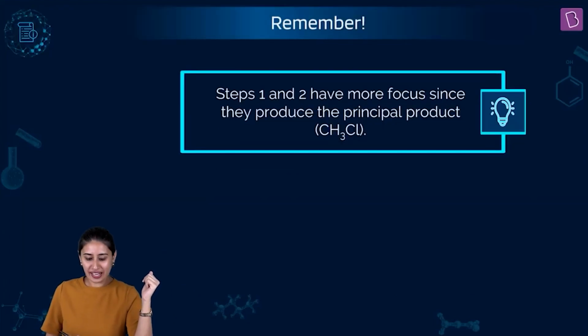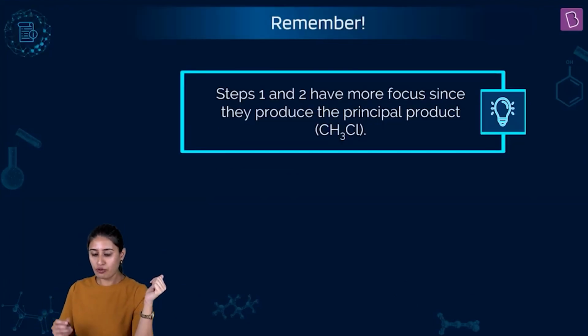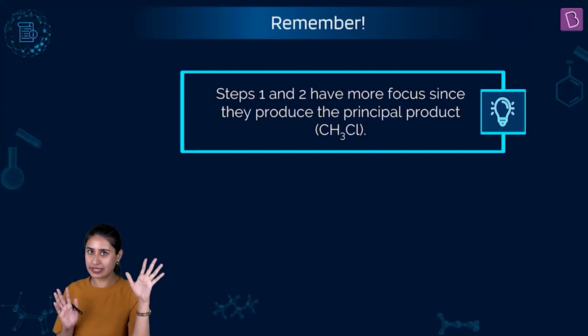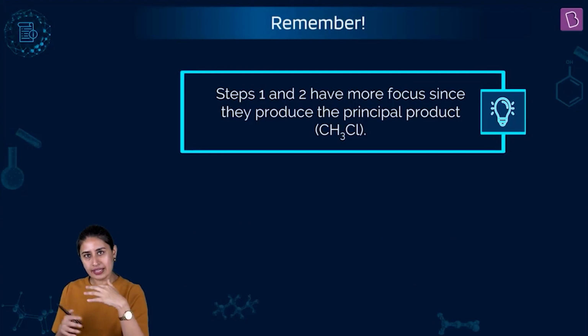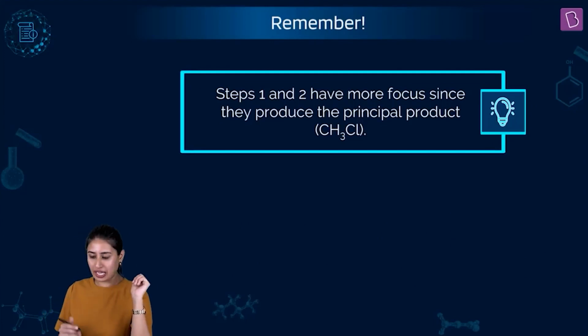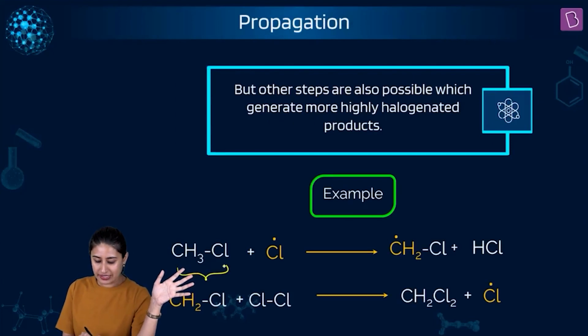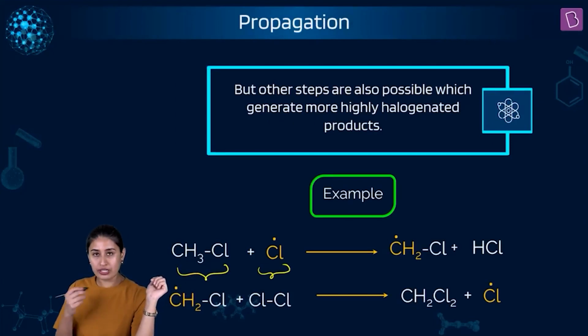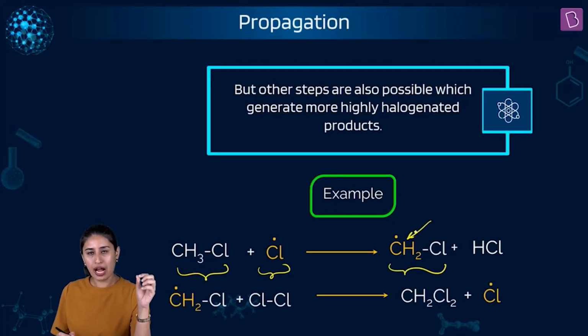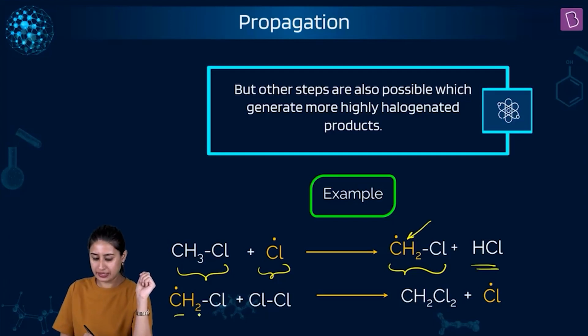So please understand, steps 1 and 2 have more focus since they produce the principal product CH3Cl, right? There can be other species also that can be formed. For example, look at this, CH3Cl can react with chlorine free radical further to give you CH2Cl with the carbon having a free radical on it, and HCl, and this can further react to give you CH2Cl2.